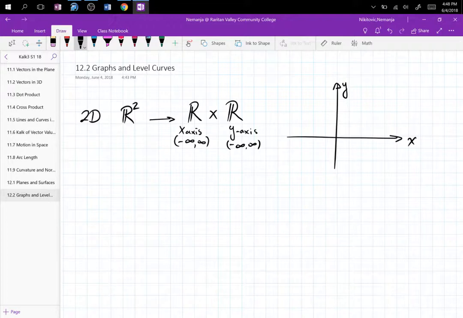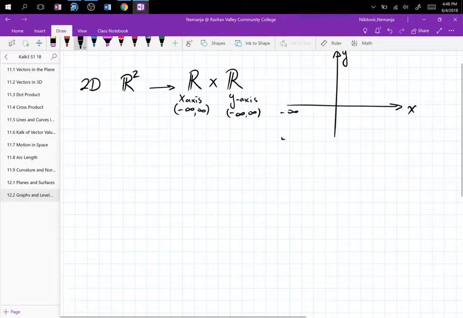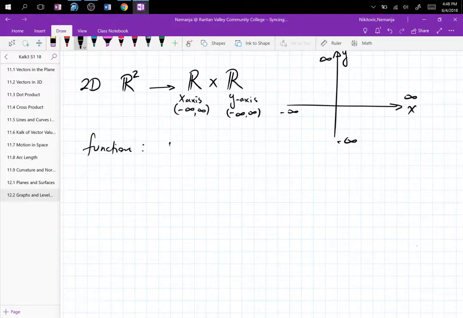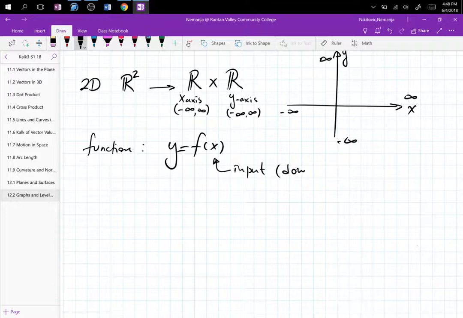Now, your x-axis was from negative infinity to positive infinity, and the y-axis from negative infinity to positive infinity. The function was denoted as y equals f of x. It had a single x as input, and that input sits in a domain.